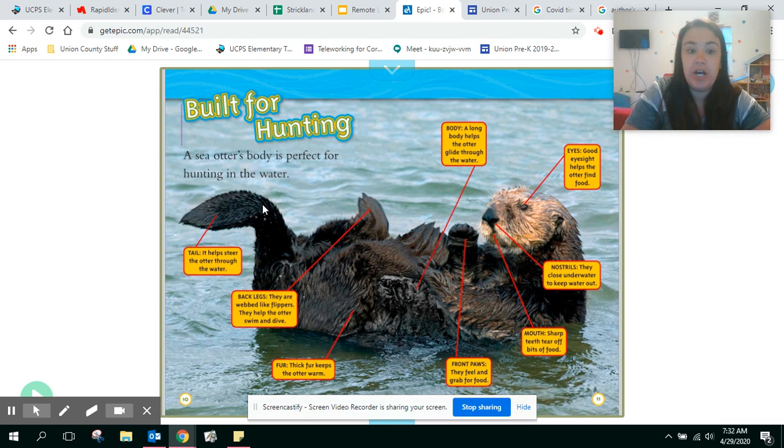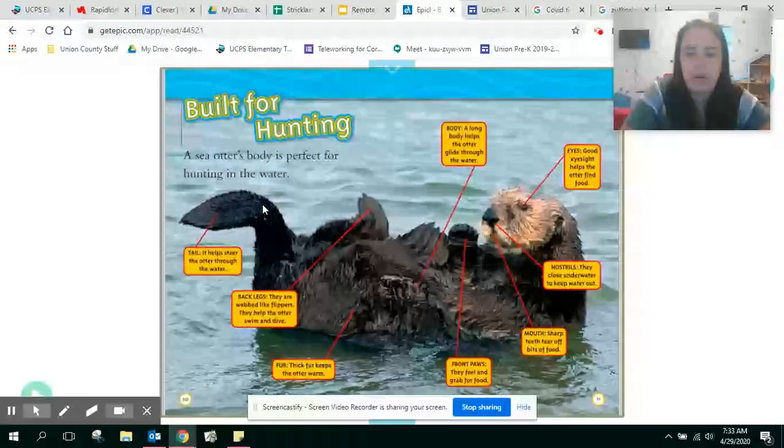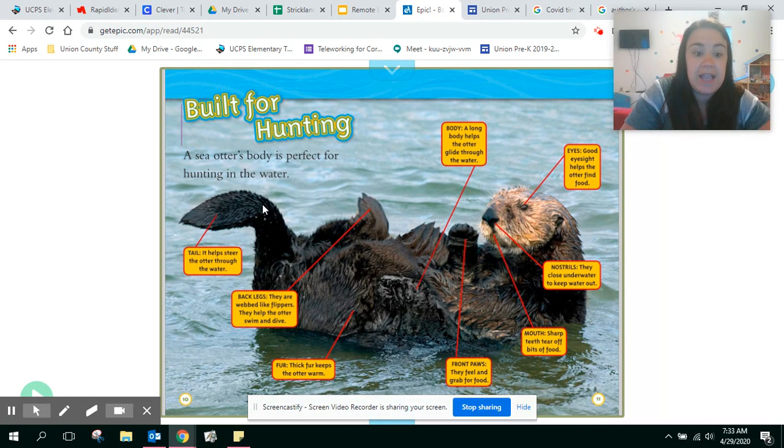And the next part says, what does the author tell? So I need to know what the author is telling us. Well, if I look at this particular page, I have a diagram. It gives each body part and talks about what each body part is for. So the tail helps steer the otter through the water. Back legs, they are webbed like flippers, right? They have thick fur that keeps them warm.